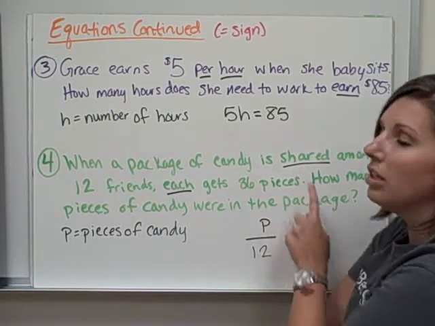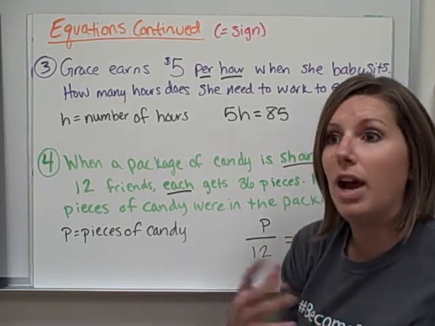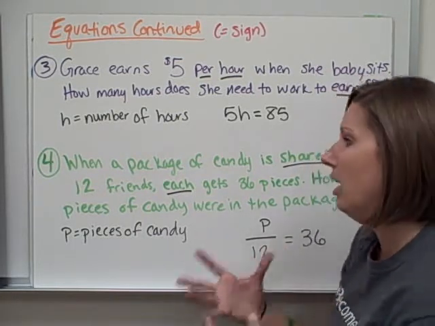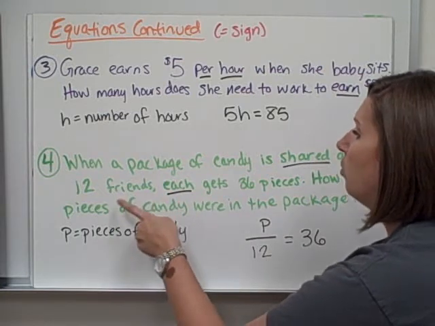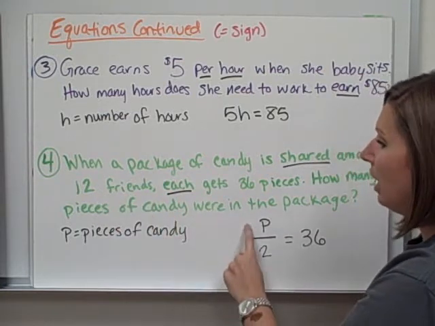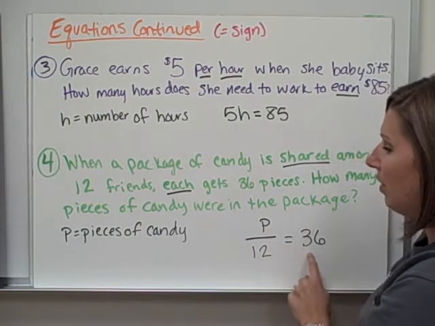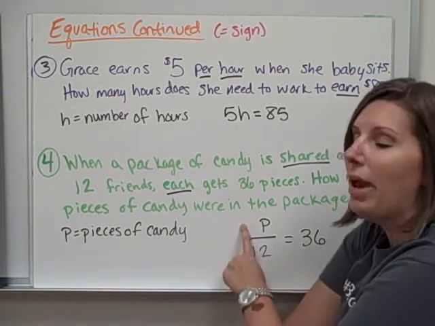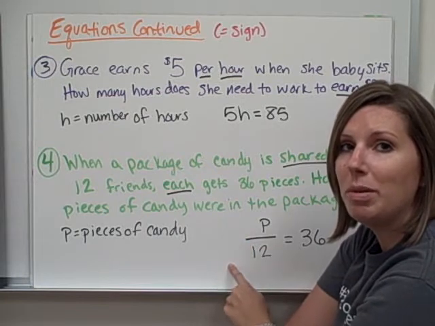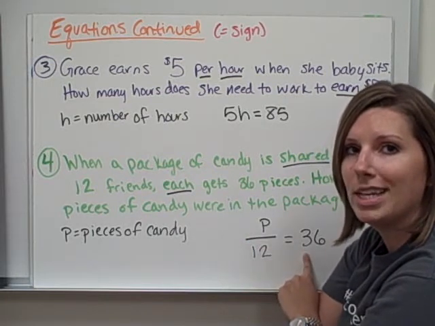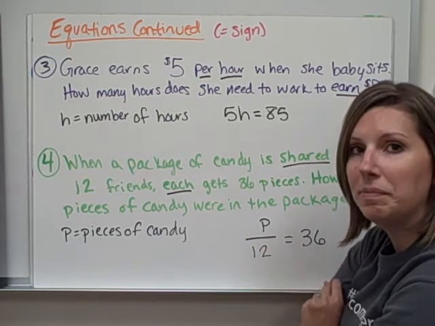Shared means divide by. So we're dividing by 12 friends. So P divided by 12 equals 36. So when I have my big package of candy and I divide it by 12 people, each person gets 36 pieces. This is my equation.